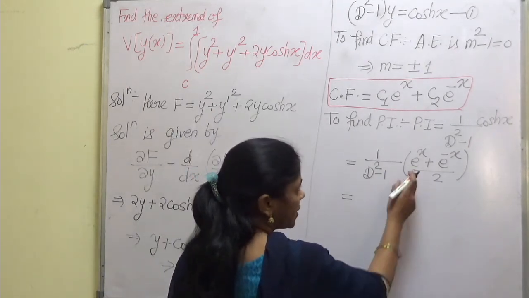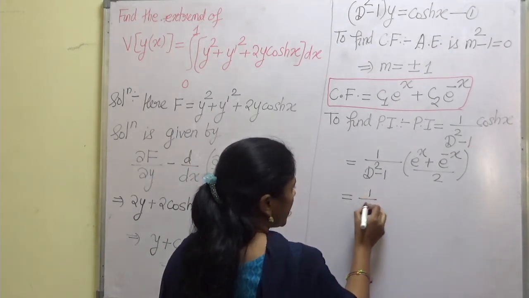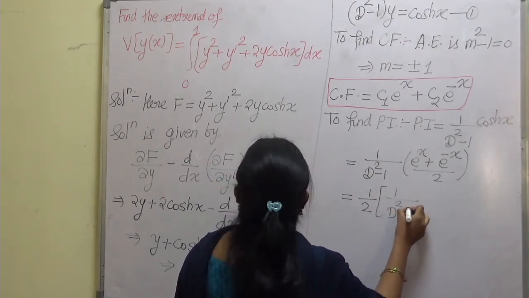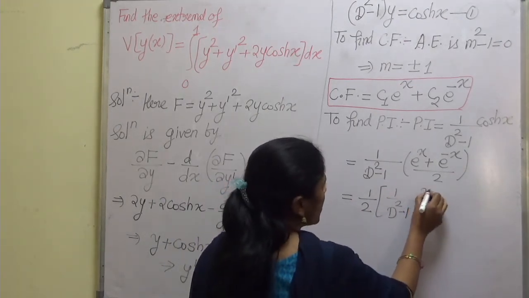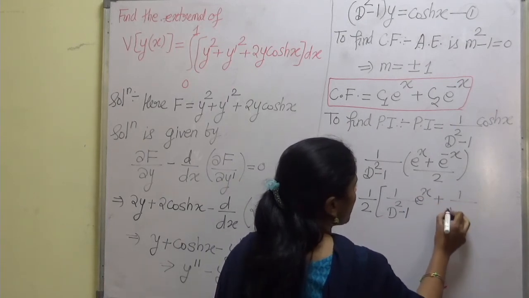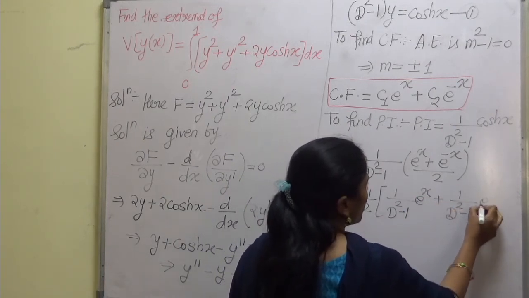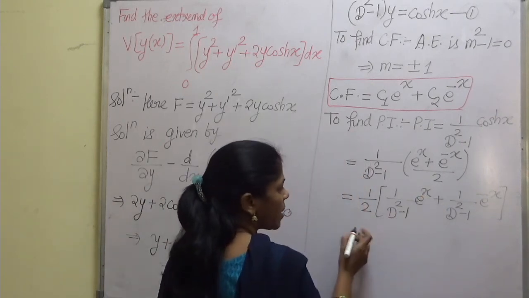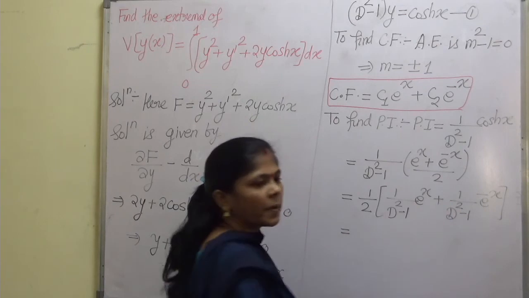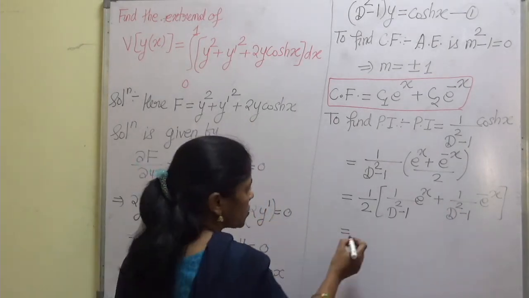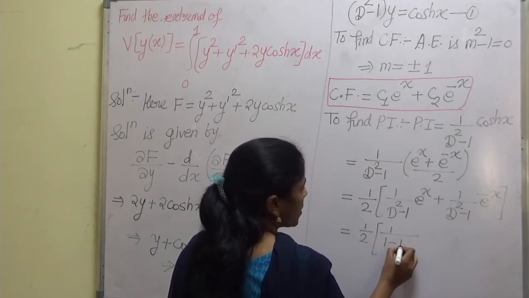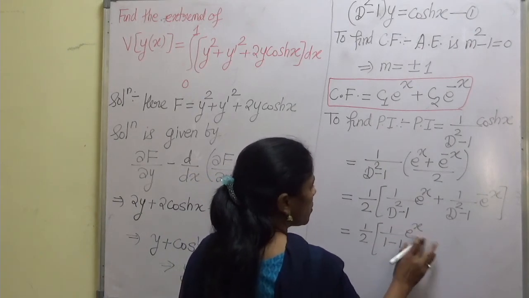So apply case 1. I will take 1 by 2 outside, then 1 upon D square minus 1 operating on e raised to x, plus 1 upon D square minus 1 operating on e raised to power minus x. Apply case 1. In the first term replace D by 1, whereas in the second term replace D by minus 1. So 1 by 2, D is getting replaced by 1, so 1 minus 1 becomes 0.